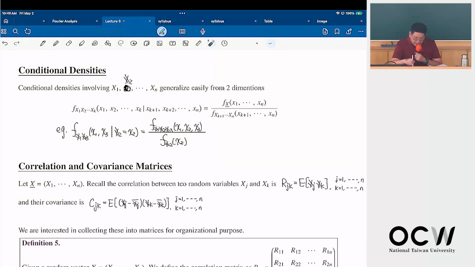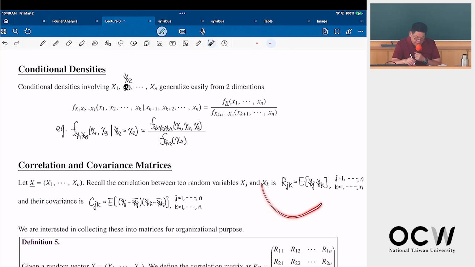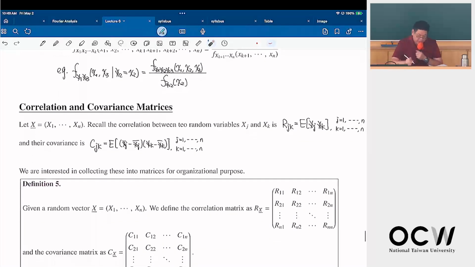If you plug in the j and k, you will see it gets really complicated, so we would like to have it in a matrix form. Here's the matrix form. Correlation: R_{1,1} is the expectation of x1 times x1, R_{1,2} is the expectation of x1 times x2. And then the covariance matrix here.